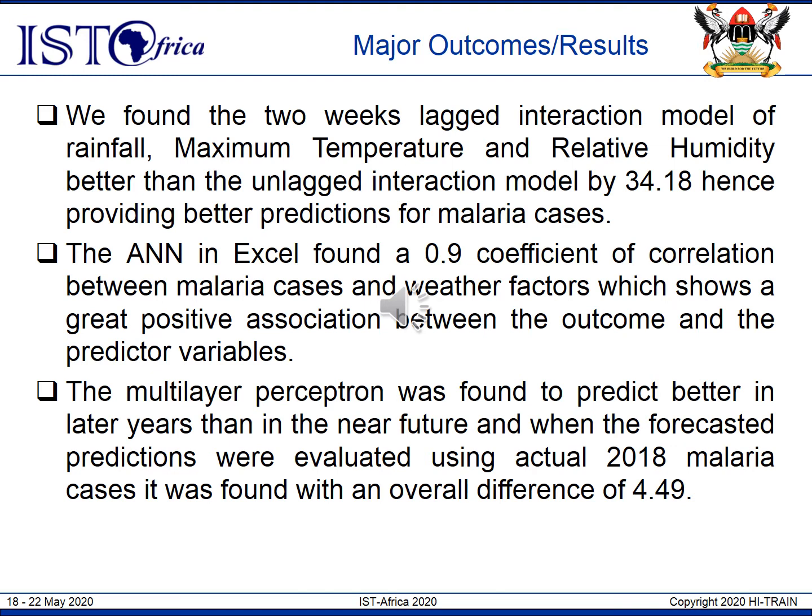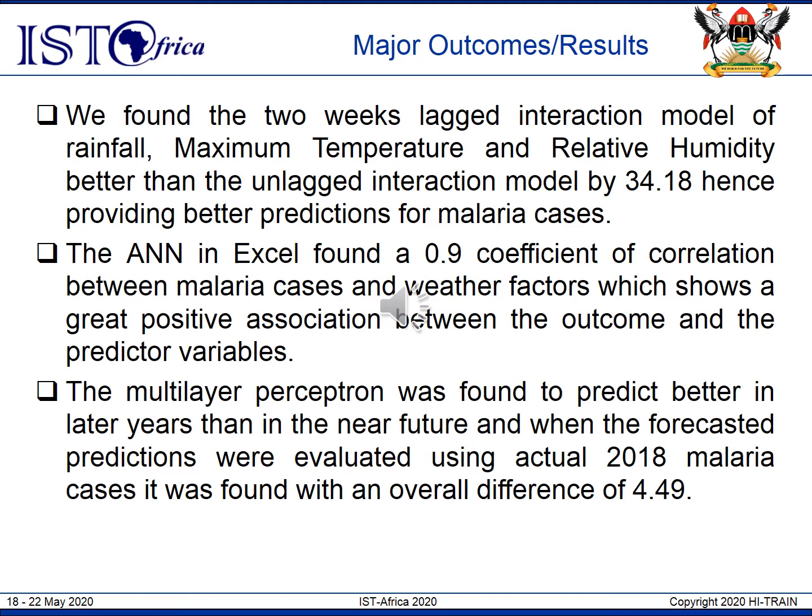This can be explained by the fact that our data was relatively over a short time. We only had data of 2013 to 2017. By the time we started this study in 2018, the year was not yet complete, so we couldn't utilize 2018 data.